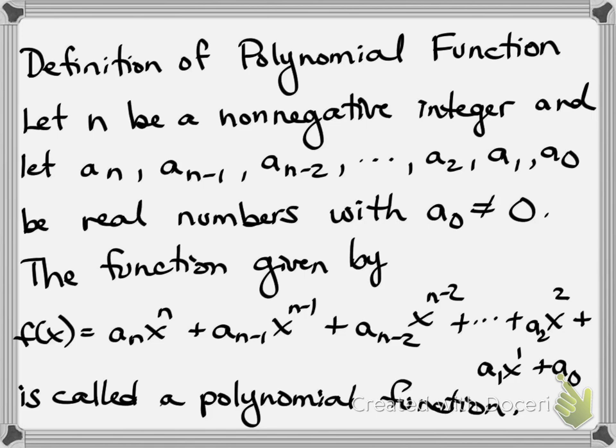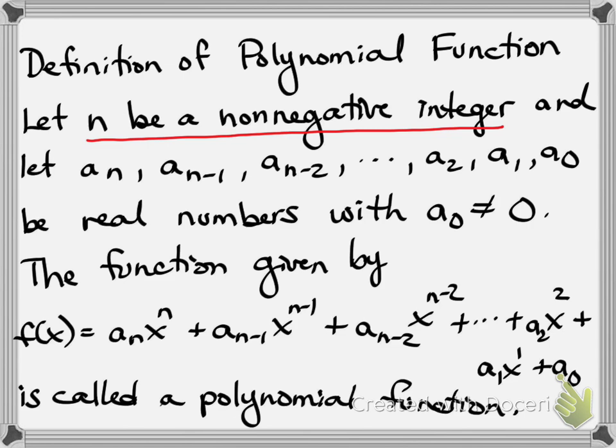This is the definition of a polynomial function. You have dealt with polynomial functions since pre-algebra, so it's nothing new to us, but wow, the way they've described it. Let n be a non-negative integer, so n is a positive whole number.